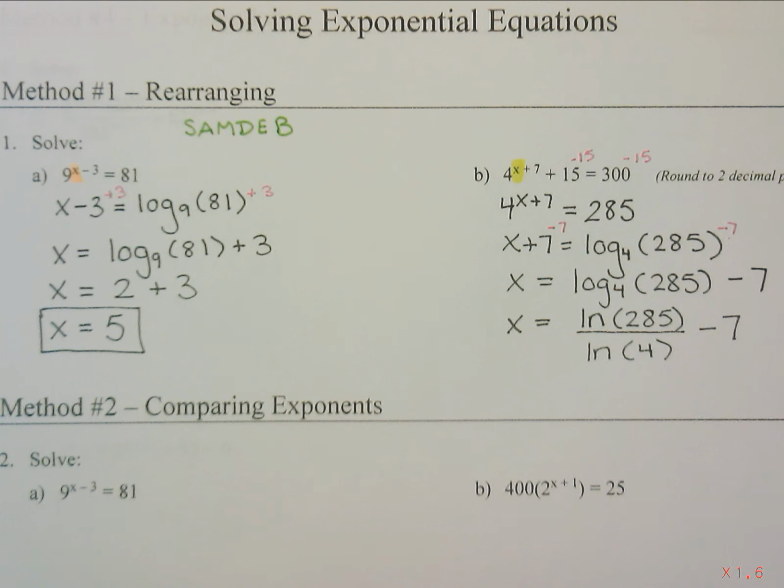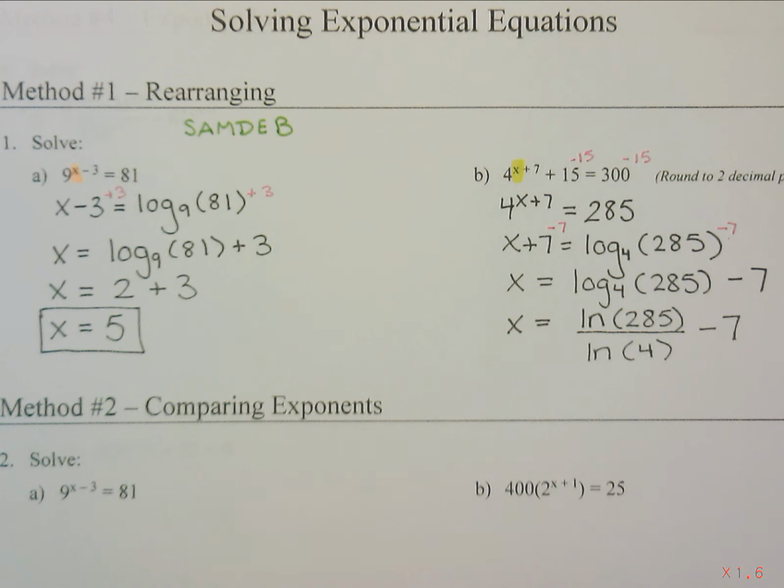Okay, so I need to calculate that, and I don't have my calculator with me, so I'm going to do it on my computer. So we're going to do ln of 285, or depending on your calculator, you might do 285 and then ln. And then we're going to divide that by ln of 4, or 4 ln, depending on your calculator.